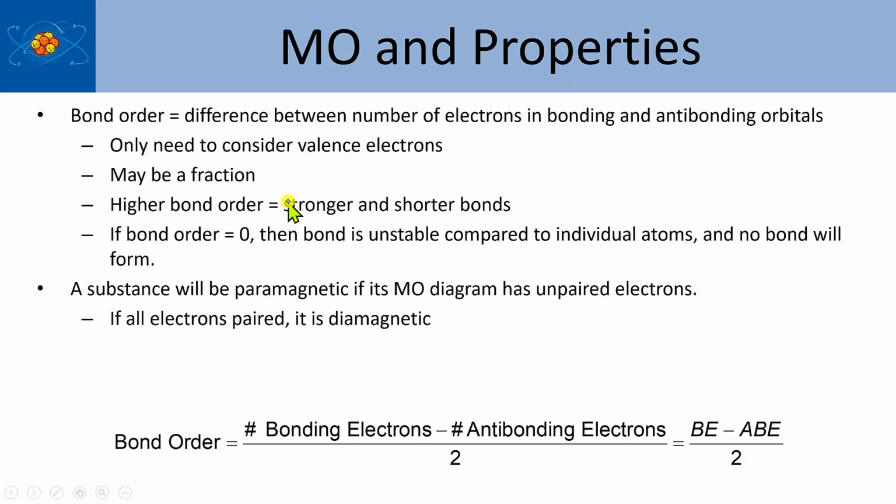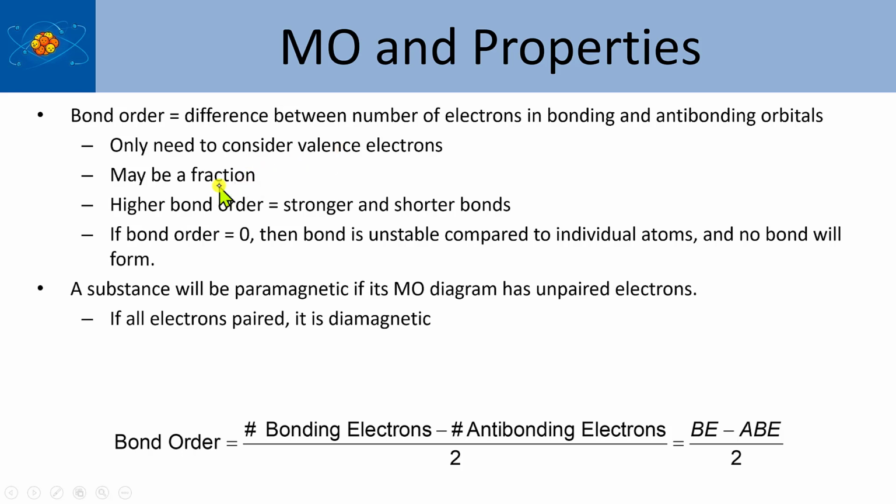So, bond order is essentially the difference between the number of electrons in the bonding and antibonding orbitals divided by 2. You only need to consider the valence electrons. So what we're going to do next is look at other diatomic atoms and ions, and we're only going to be looking at the valence electrons, and I'll explain why that is later, but it turns out all the inner electrons cancel each other and add 0 to the bond order.